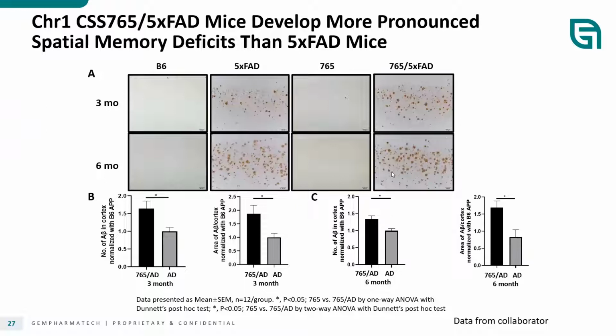And so for some reason, the combination of the 5X FAD along with the consomic chromosome 1 resulted in slightly worse disease, which became statistically significant upon histological as well as behavioral analyses.